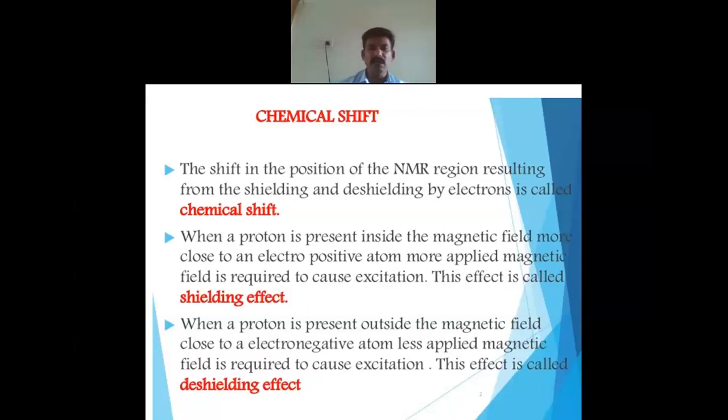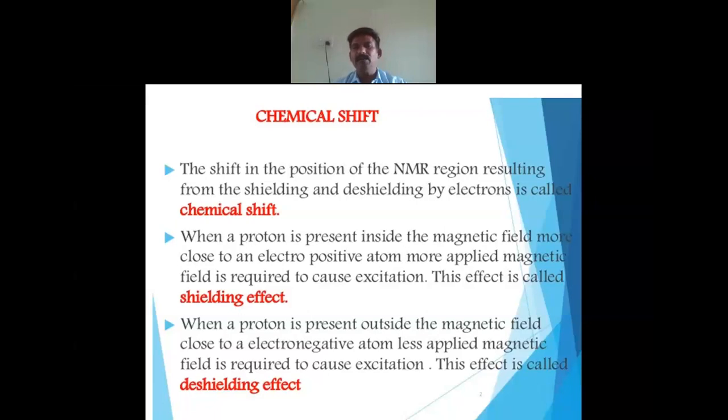The shielding and deshielding by electrons is called the chemical shift. So what is deshielding, and what is shielding?